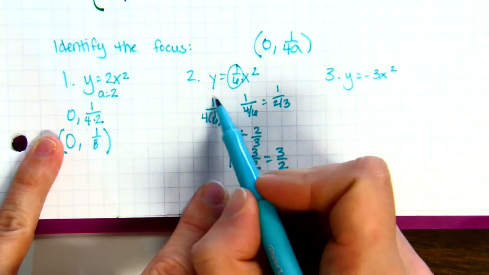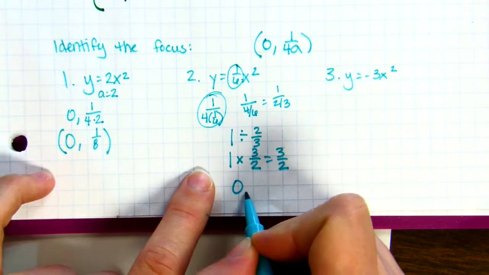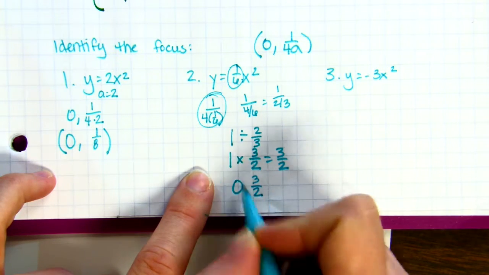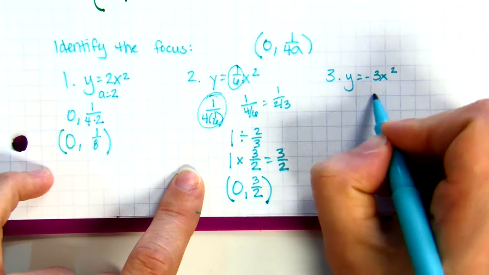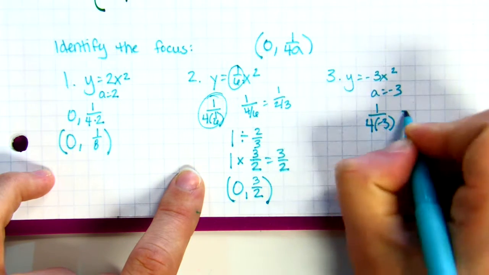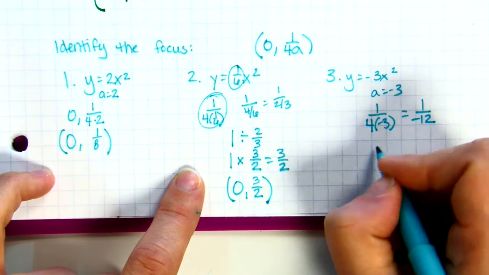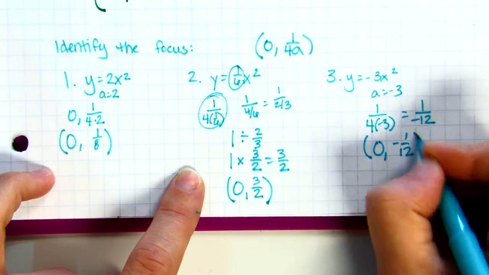So this part became 3/2, so our coordinates are 0, 3/2, or 1.5. And then finally, this guy, our a, is -3, so 1 over 4 times -3 is 1 over -12. So the coordinates would be 0, -1/12.